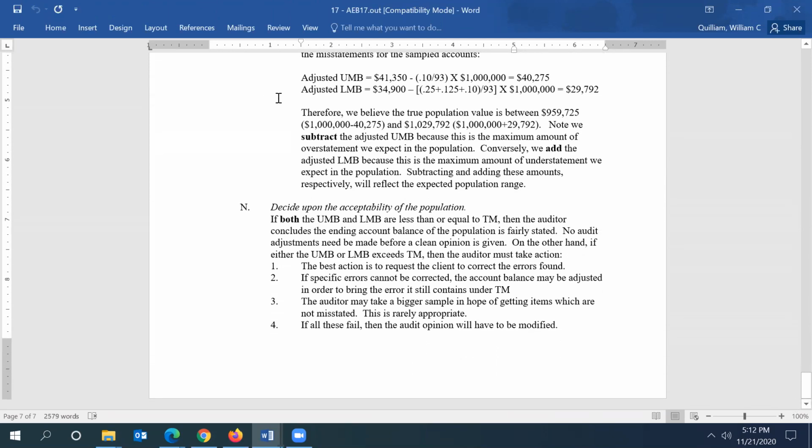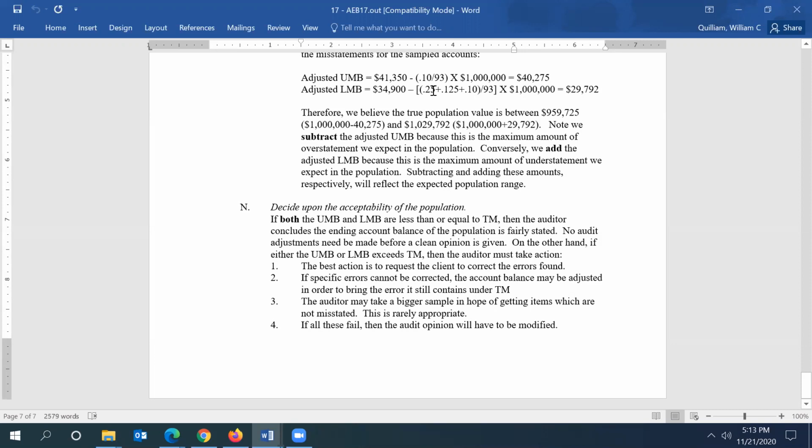So in this case, the adjusted upper misstatement bound was initially $41,350, but now we say that might be a little bit high because some individual transactions going into this overstated account, or at least the ending balance was overstated, but some transactions going into it during the year may have been understated. By how much? Here's the type of mean. We look and we see that we discovered one account was understated by 10%.